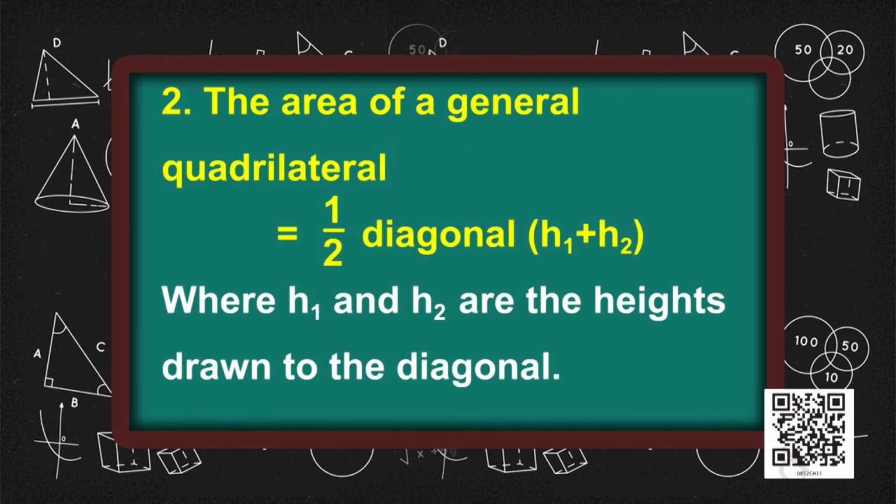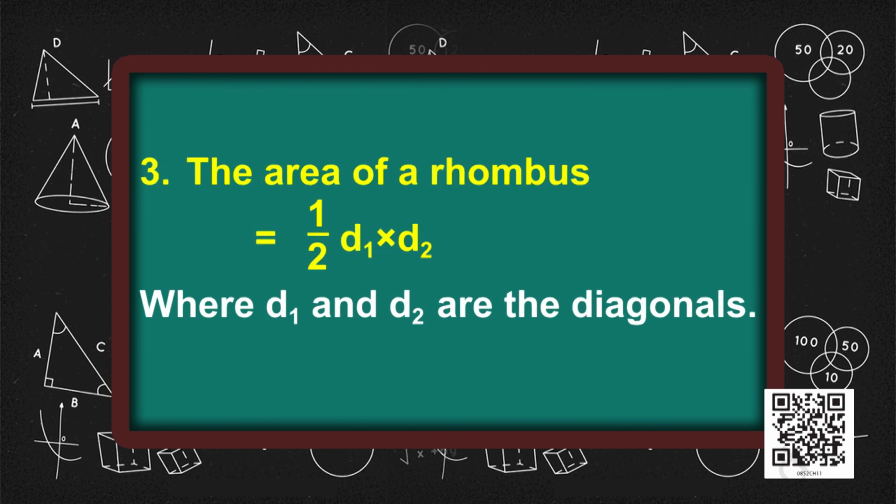The area of a general quadrilateral is equal to half into diagonal into (h1 plus h2), where h1 and h2 are the heights drawn to the diagonal. The area of a rhombus is equal to half into d1 into d2, where d1 and d2 are the diagonals.